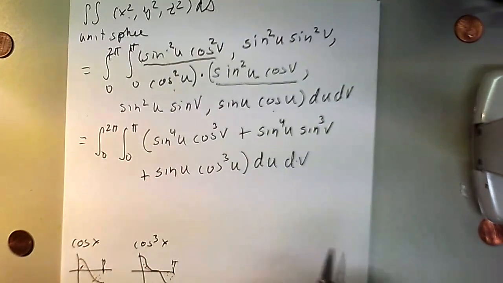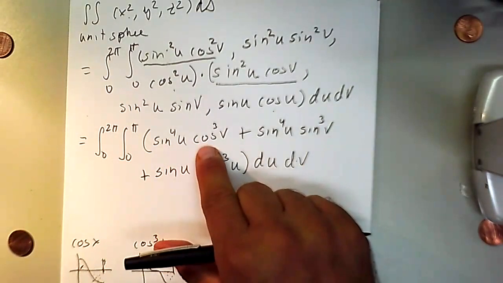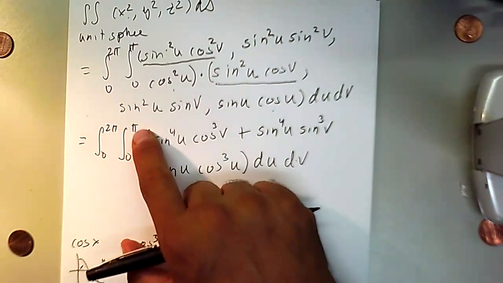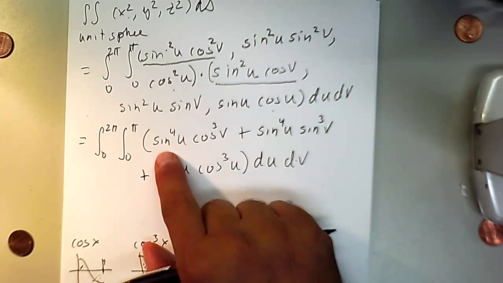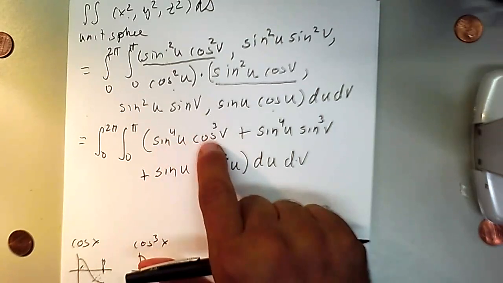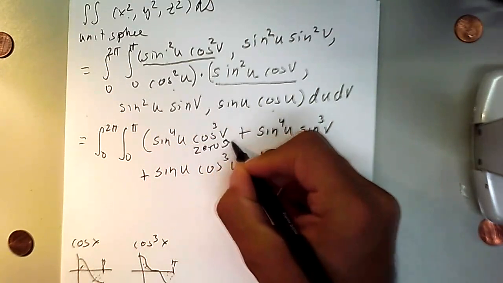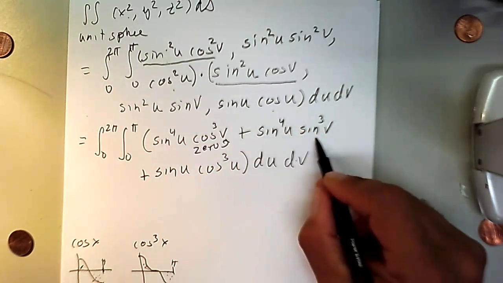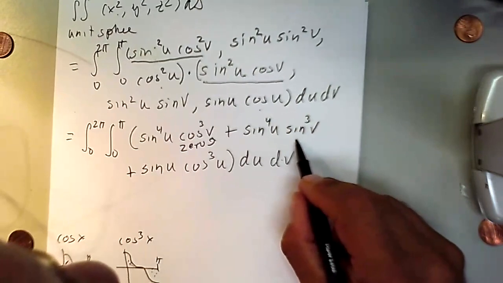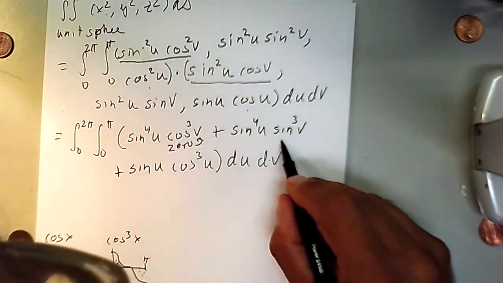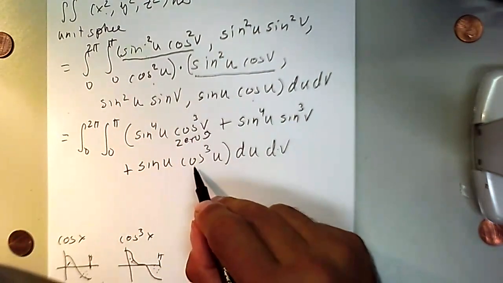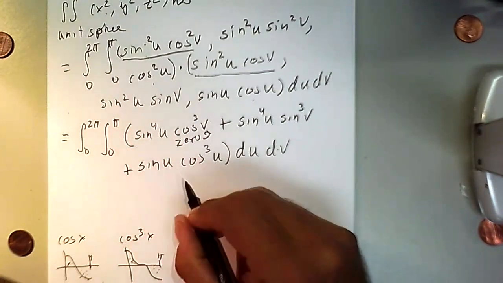So every time you have a cosine cubed of v from 0 to pi, we're going to end up with 0. This will not be 0, though, but this part will be 0. 0 for that. Sine cubed, we have a cosine cubed again here from 0 to pi.